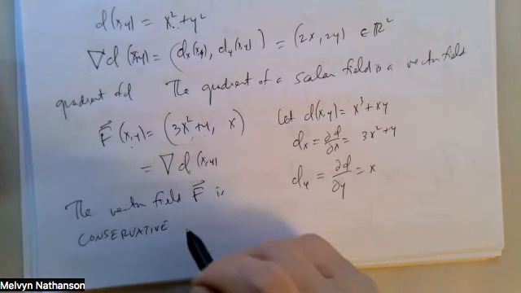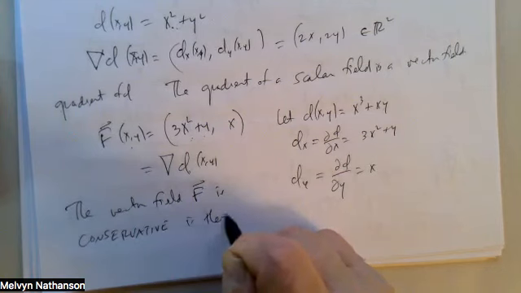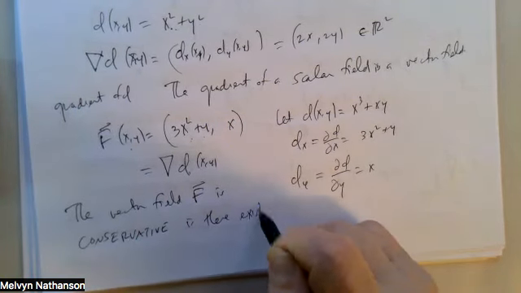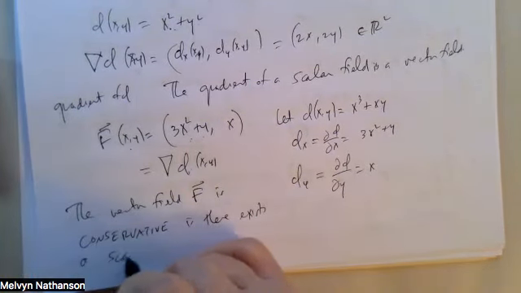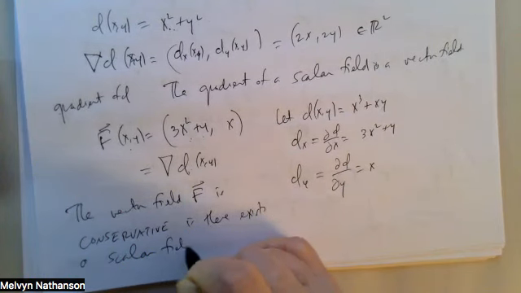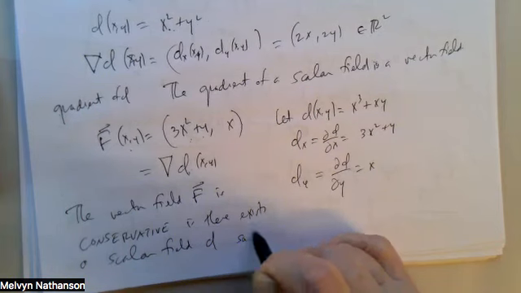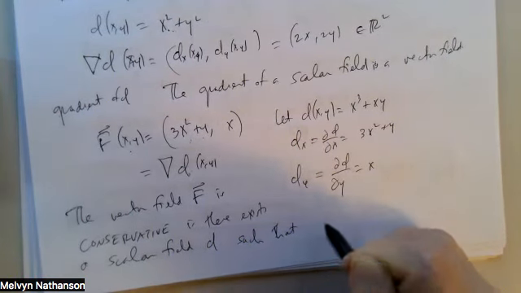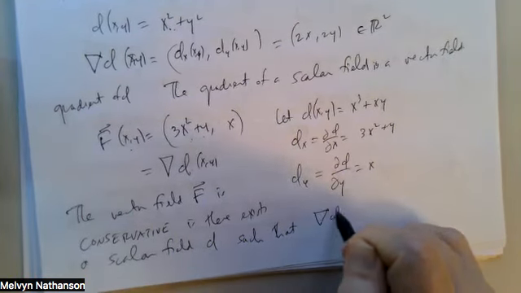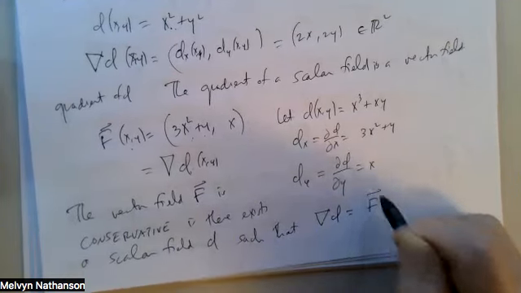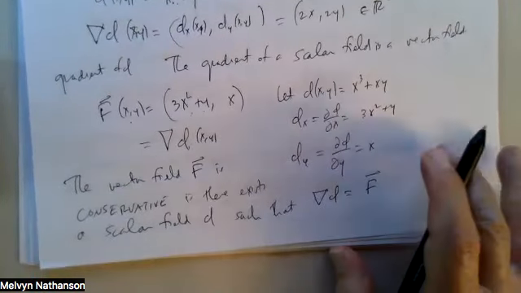The vector field F is conservative if there exists a scalar field, a real valued function phi, such that the gradient of phi gives you the vector field.